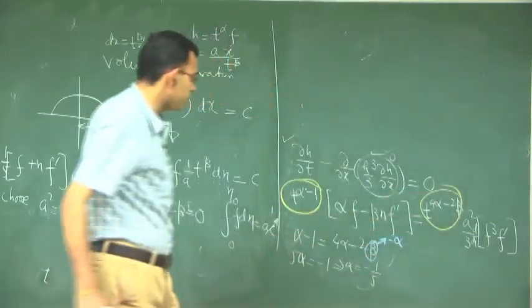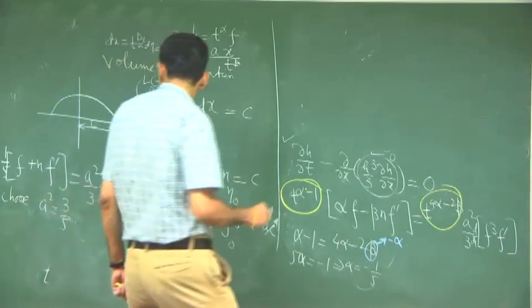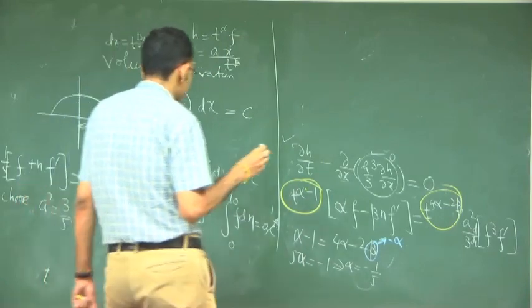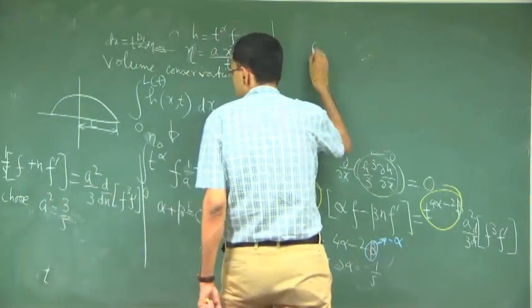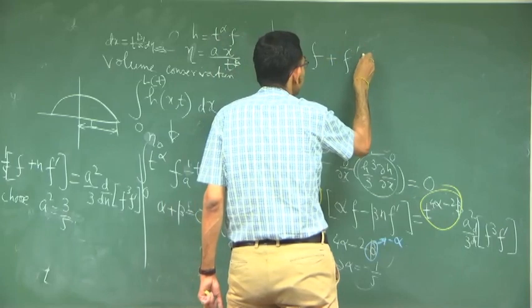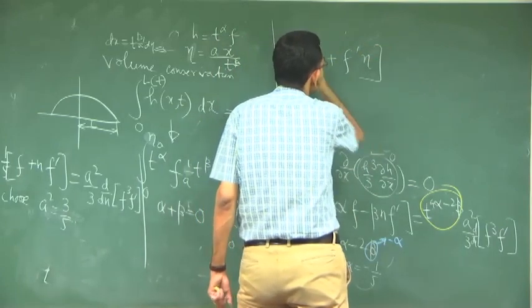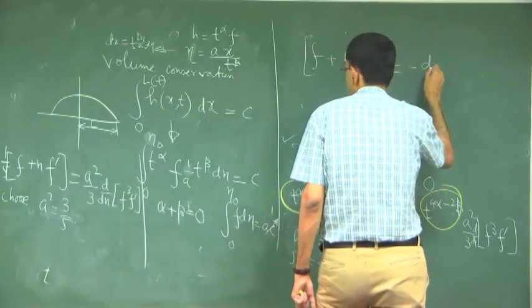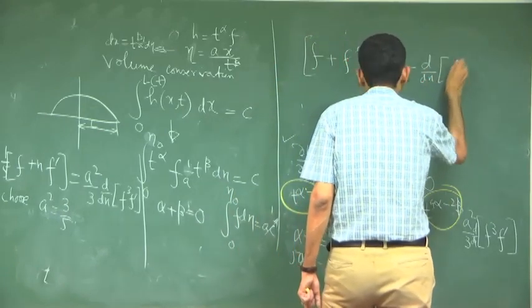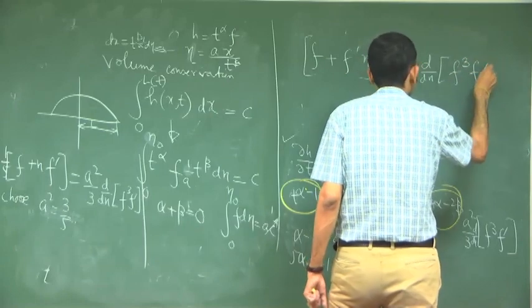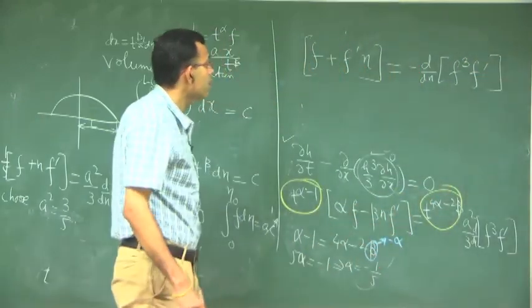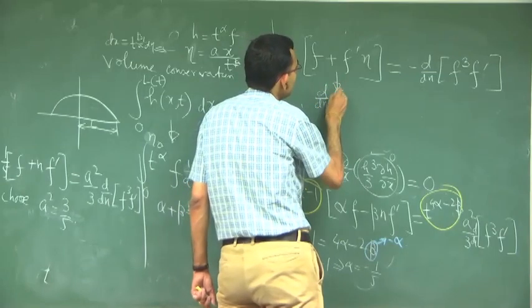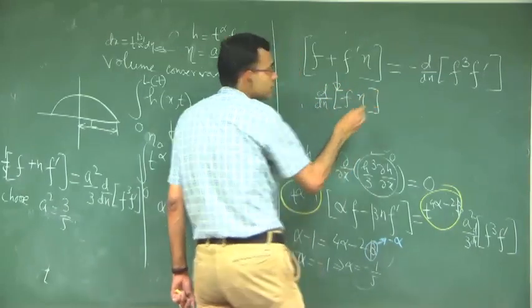Then you are left with f plus f dash eta is equal to minus d d eta of f cube f dash, right. This is nothing but d d eta of f into eta.